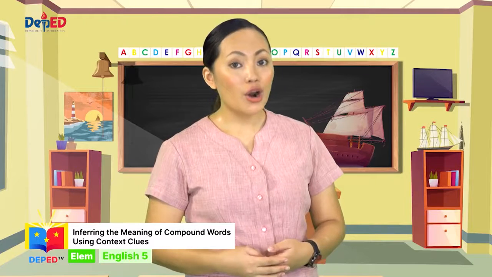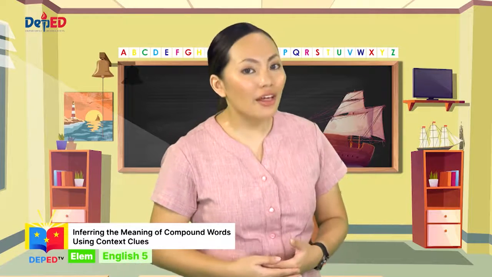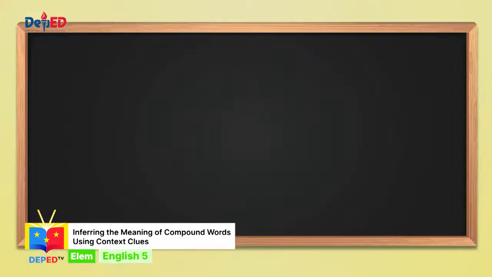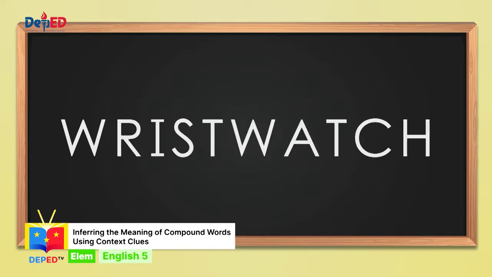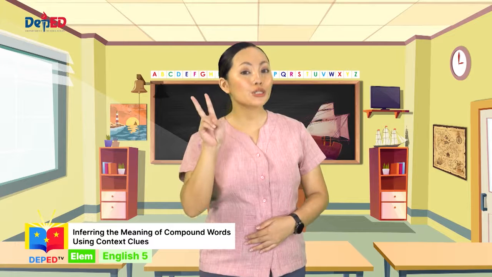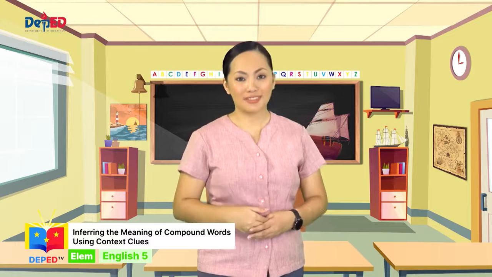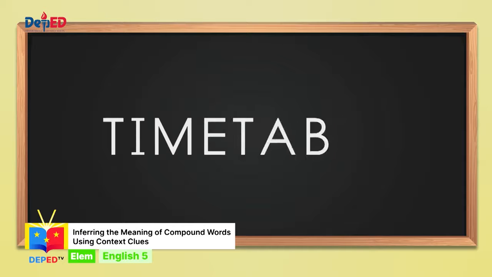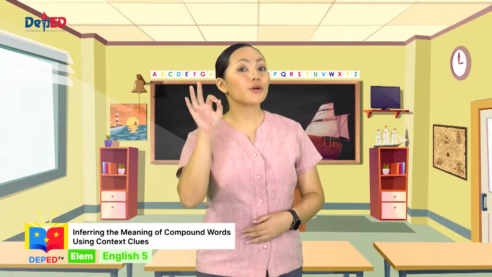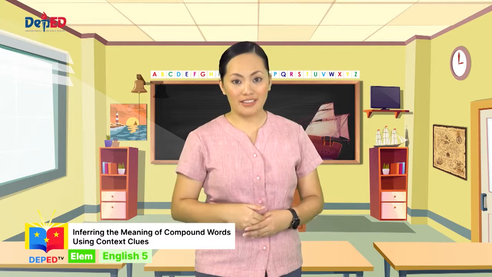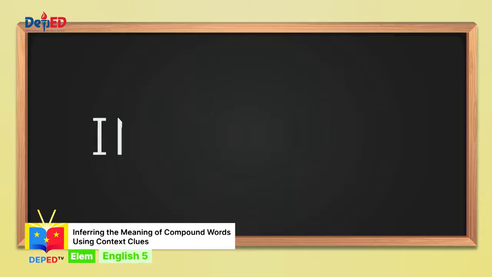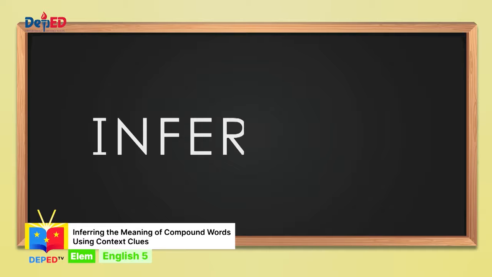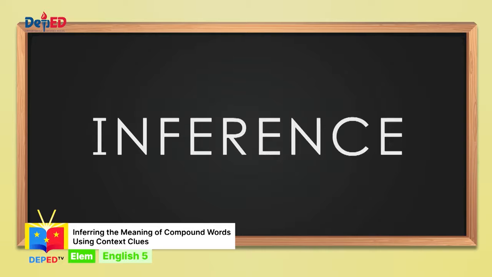Number 1, wristwatch. Let's spell this out together. That's W-R-I-S-T-W-A-T-C-H. Number 2, timetable. That's T-I-M-E-T-A-B-L-E. Number 3, inference. That's I-N-F-E-R-E-N-C-E.